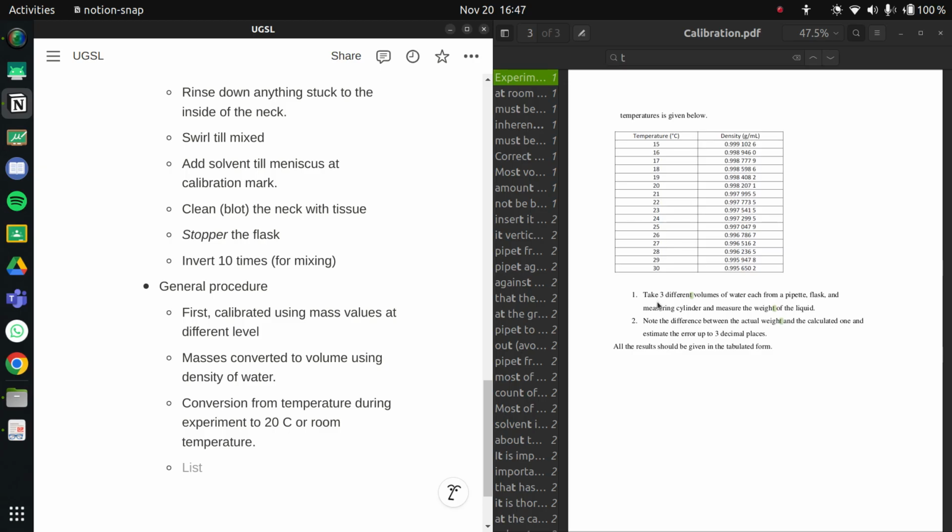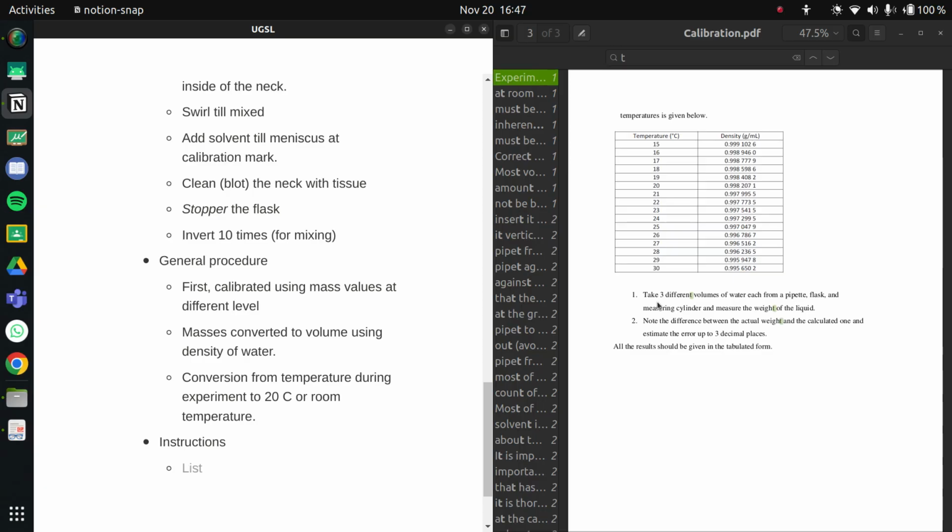But yeah, so take 3 different volumes of water. So instructions: take 3 different volumes of water from a pipette, flask and measuring cylinder and measure the weight of the liquid for each container, and measure their weight.